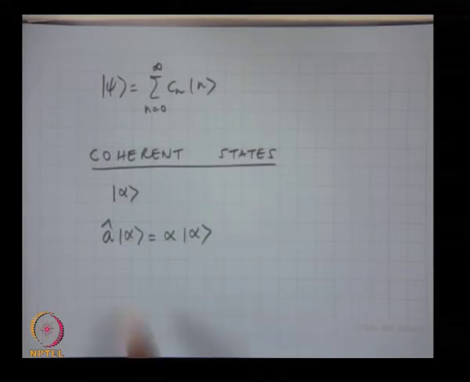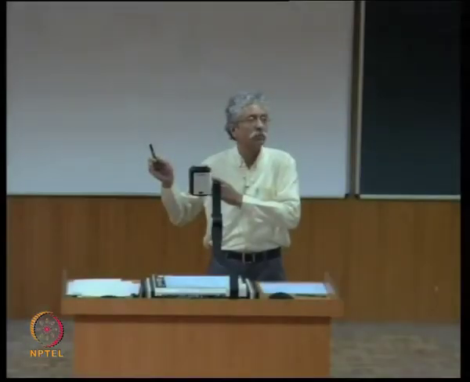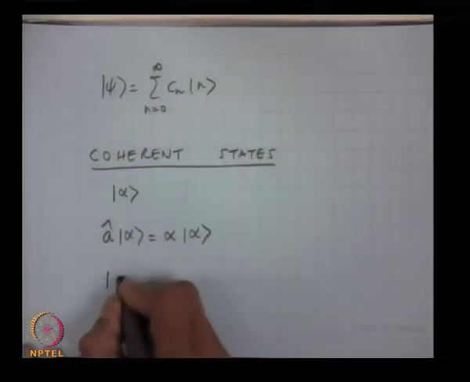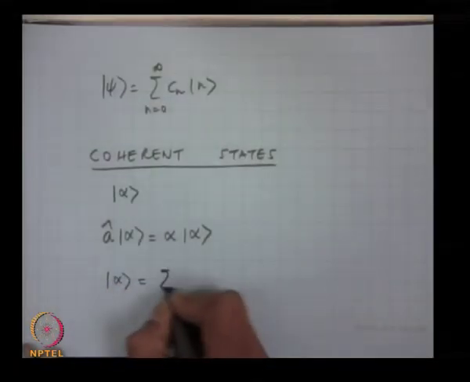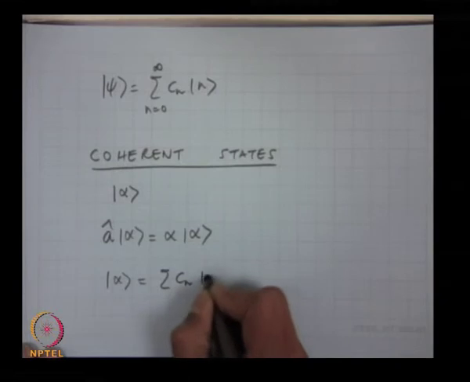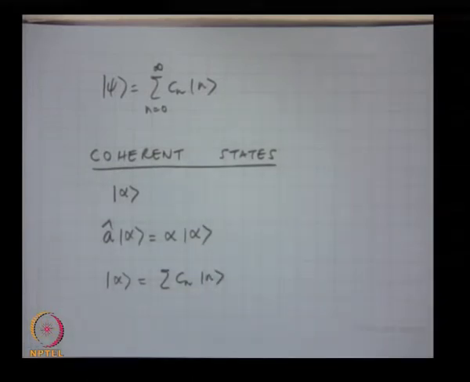So this is an eigenvalue equation for the operator A, and I want to find out this alpha ket state in terms of the number representation, the Fock state representation. So let me write, let alpha be equal to sigma Cn n. I want to find out the values of Cn.